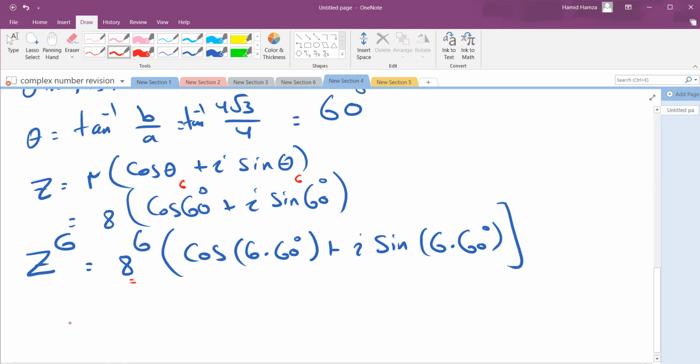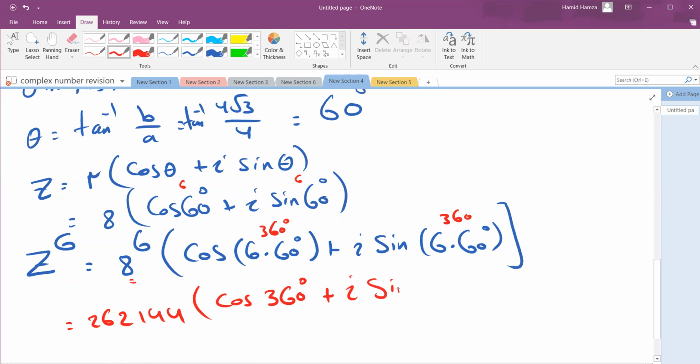So what is the number, guys? 8 to the power 6 is 262,144. And 6 multiplied by 60 is 360. So it will be 262,144 cosine 360 degrees plus i sine 360 degrees. This is the number in polar form.